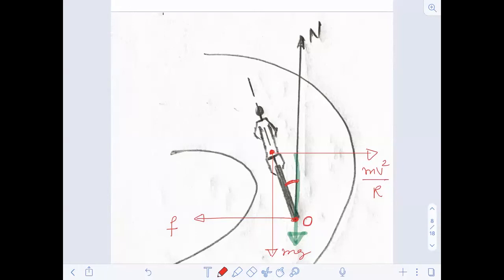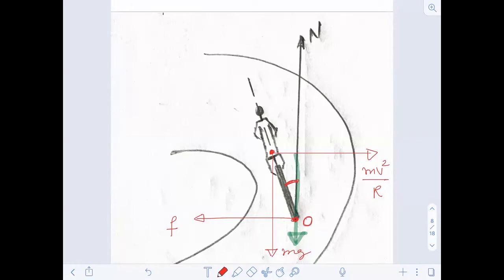See, about the point O, the mg moment will be zero, and the frictional force will have zero moment. Only there will be a moment due to mv square by r.